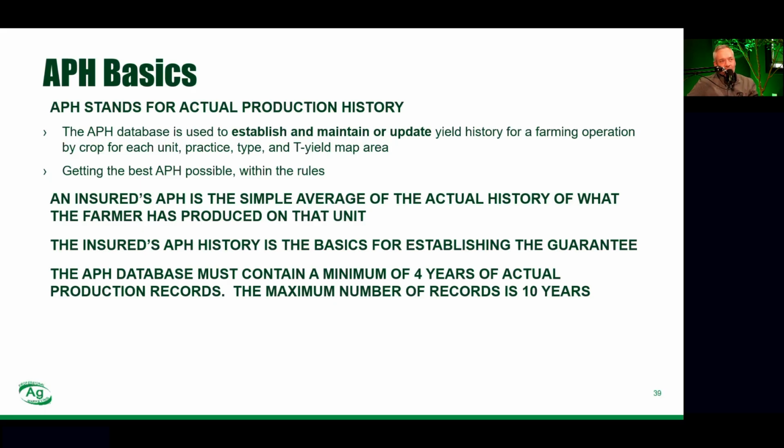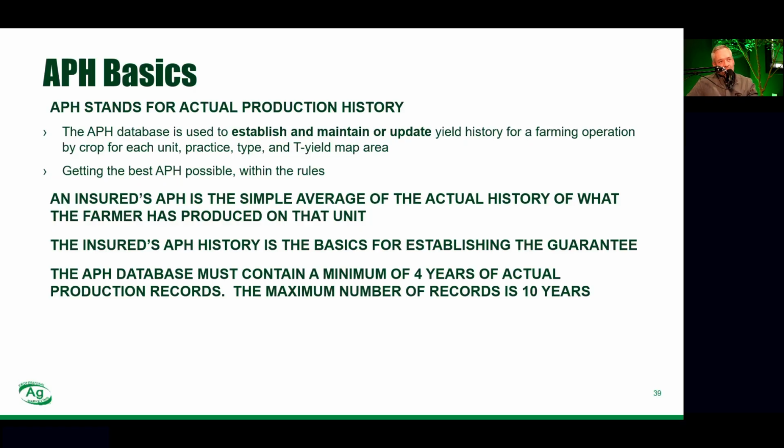Our database of every field has to consist of at least a minimum of 4 years with a maximum of 10 years. And these are years that I have the crop in that section. So if in my farming operation, I have a field in a section that is rotated, corn and soybeans, I could have 20 calendar years of yields in that database, right?